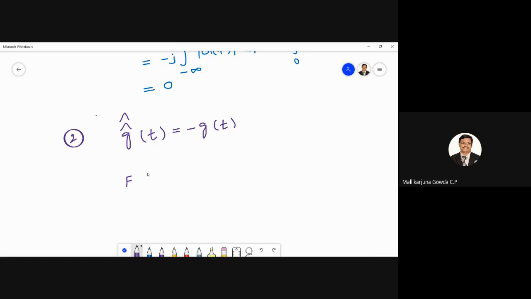By taking the Fourier transform of g double cap of t. What is the Fourier transform of this? That is minus j sgn of f, twice, into G of f. Which is equal to, yes, can I write is equal to minus G of f?